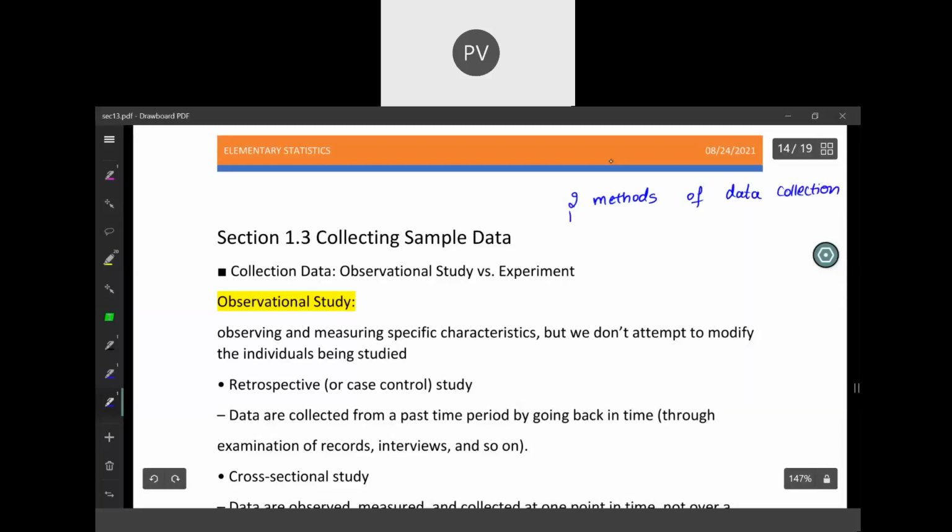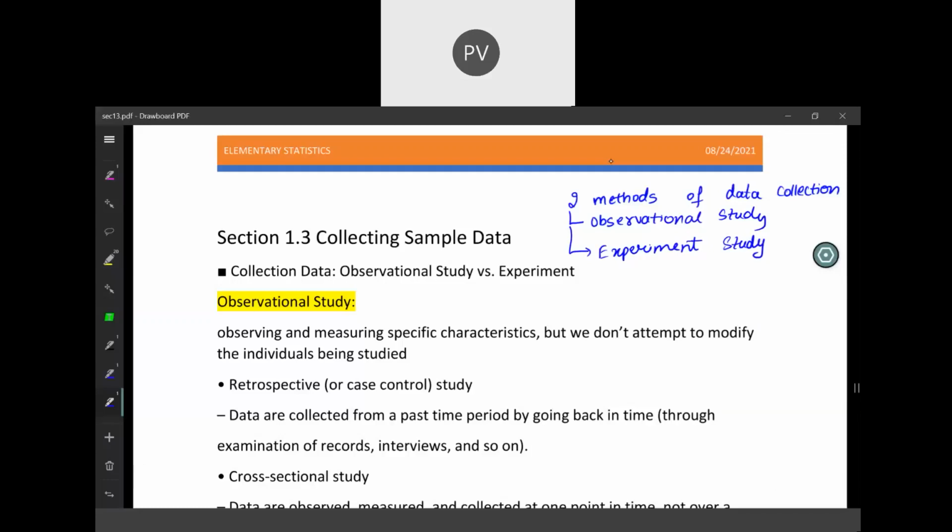So what are those two methods? One is through observation, or we say observational study, and next is through experiment study. Okay, so this is how you collect the data.